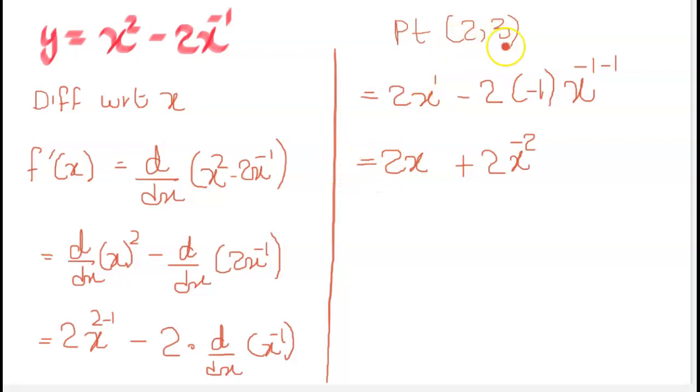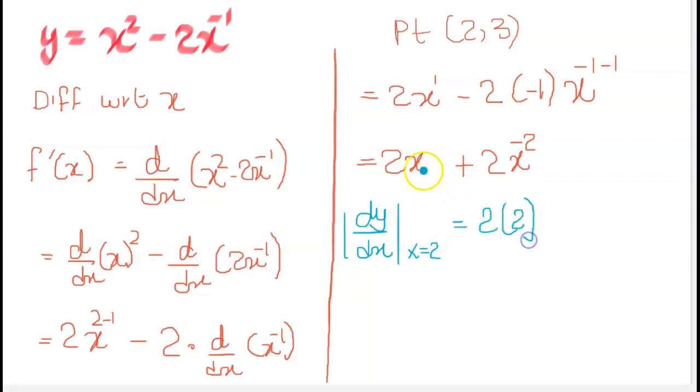This is your f dash x, or dy over dx. But the question was when x is 2 at that point. So I'm going to write down dy over dx when x is 2. You put 2, bracket another 2, wherever there is x, plus 2, bracket another 2.